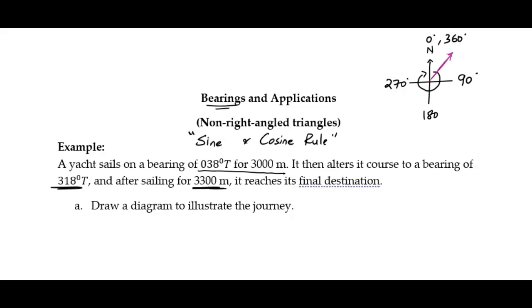That's going to be the first part of the journey. The second part of the journey is on a bearing of 318 degrees T, so somewhere in that direction. So that's going to be my second part of the journey. They're obviously in two different directions, so going right first, followed by going left. So that's the first part and the second part of the journey.